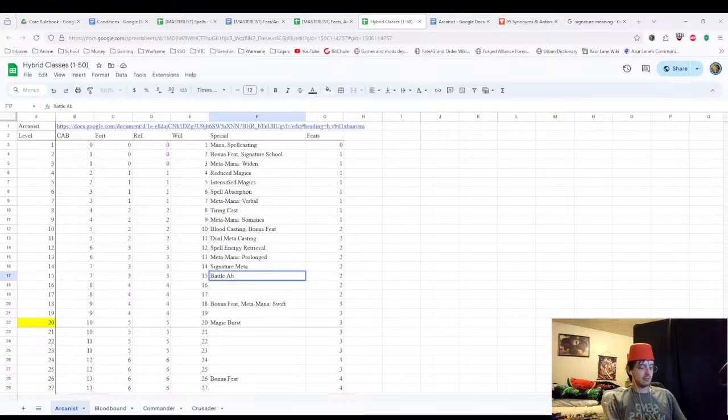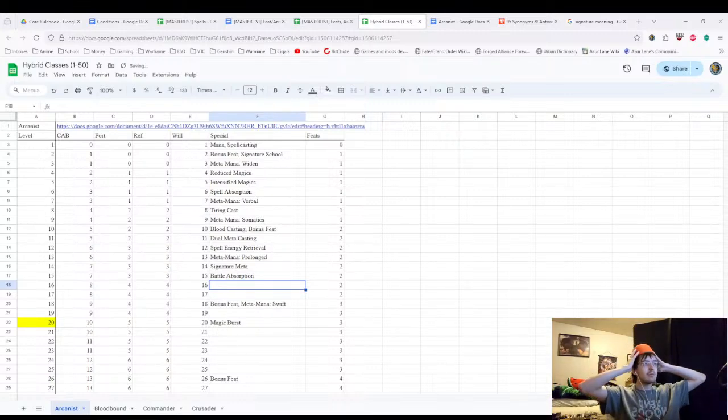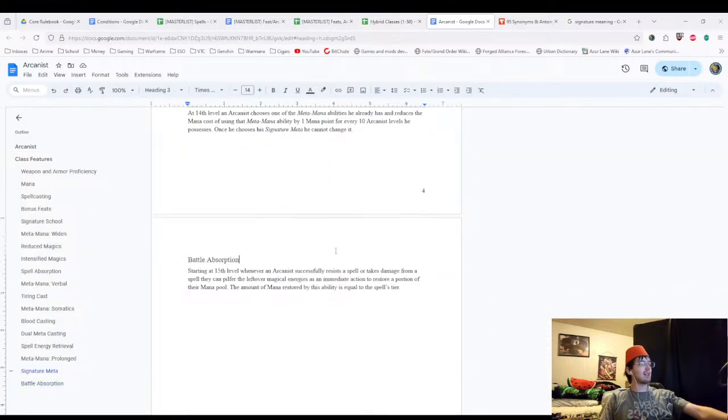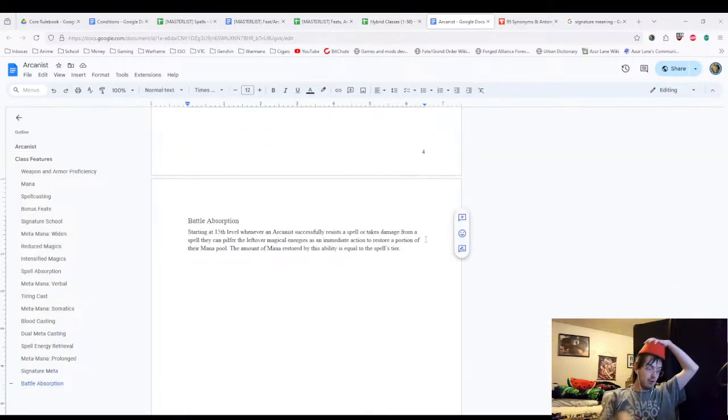Battle absorption. By this point, a level 15 Arcanist has a minimum of 18 in their mana pool. We're gonna be casting a lot of big boy spells. Maybe. But at the same time, they can also reduce cost, though the reductions in costs are keyed pretty low. They can also do a whole bunch of meta stuff to increase magical effects and spend more mana.